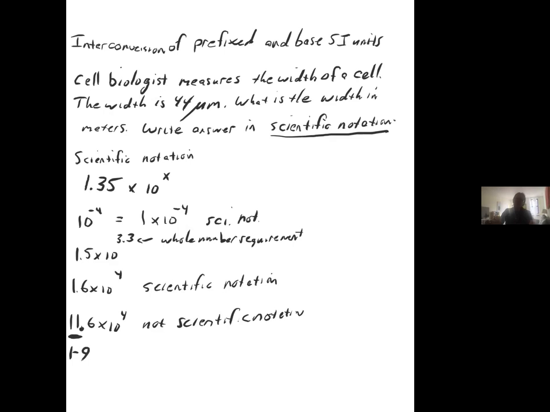So it could be 1.3, 4.7, 9.8, but it can't be 10 or more. It can't be 11 or 10 point. It has to be between 1 and 9.999. So less than 10 times 10 to the x, and x has to be a whole number, okay? So let me erase that.